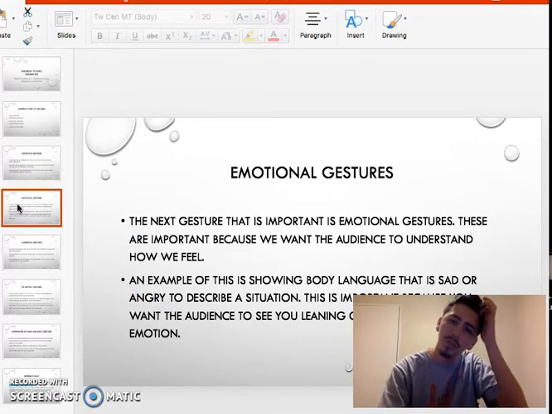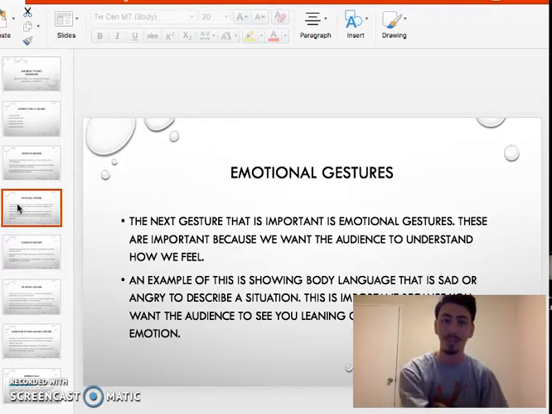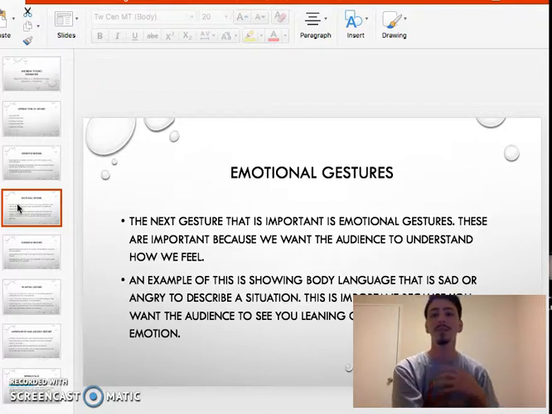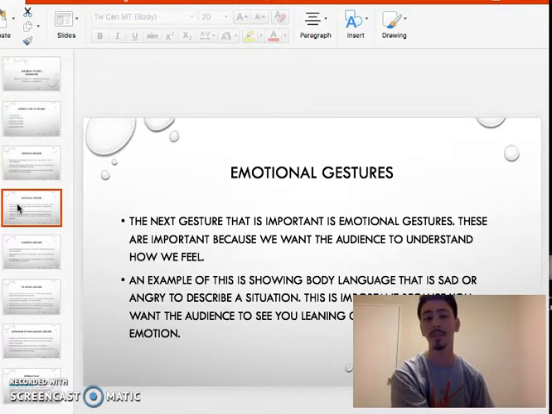So next is emotional gestures. These are good because they display how you feel to the audience. A good example of this is showing body language that's sad or angry in a situation to describe it.